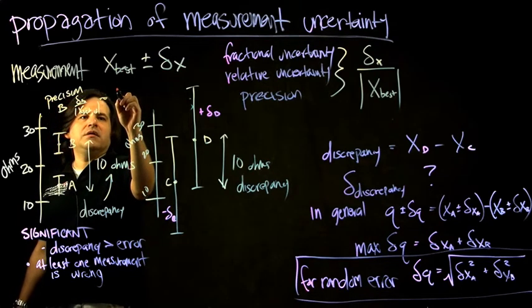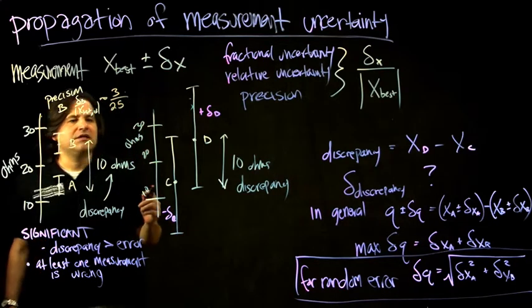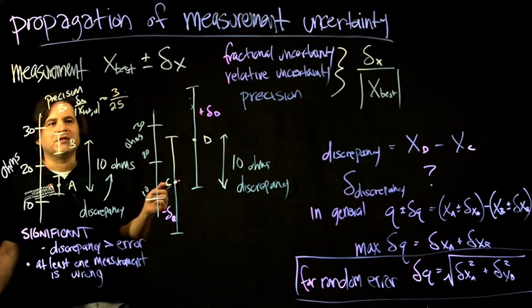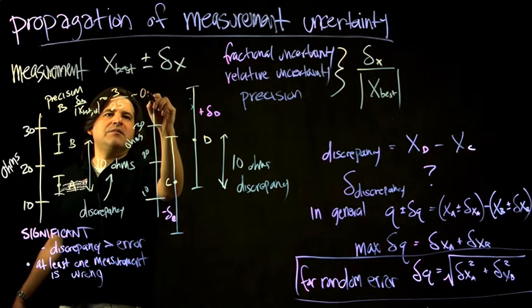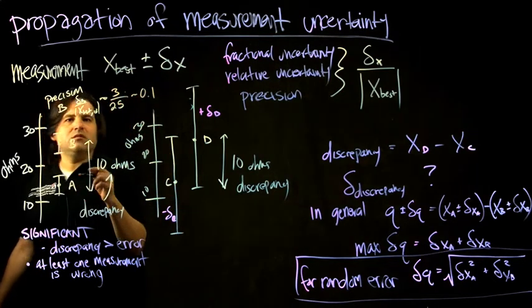So it would be the uncertainty of plus or minus 3 ohms divided by the value in ohms that they report. That's 3 over 25, less than 1/5, maybe 1/8-ish. So that's like 10%, 0.1. Just putting a number on it, eyeballing the scale.